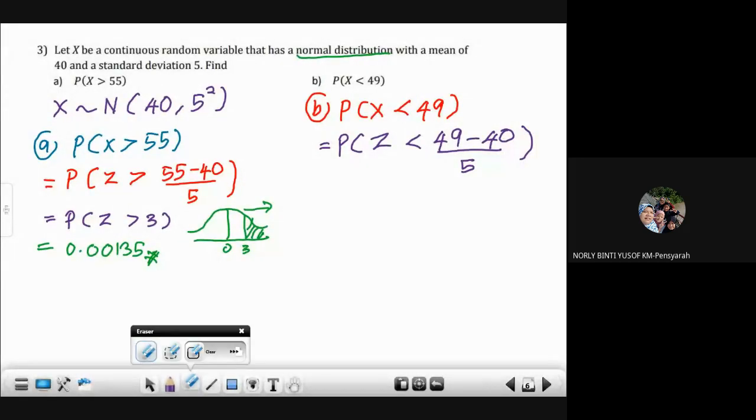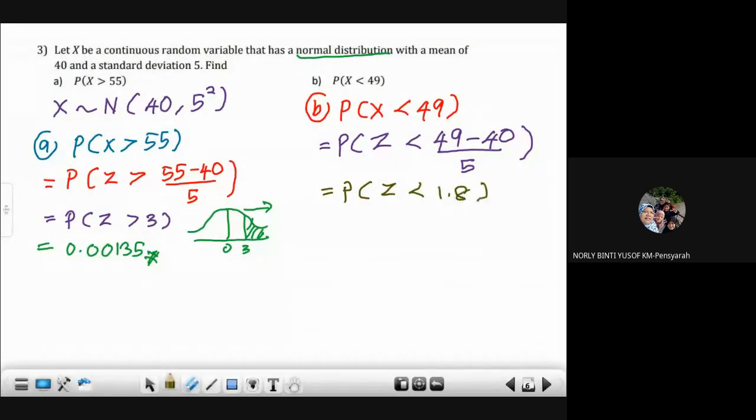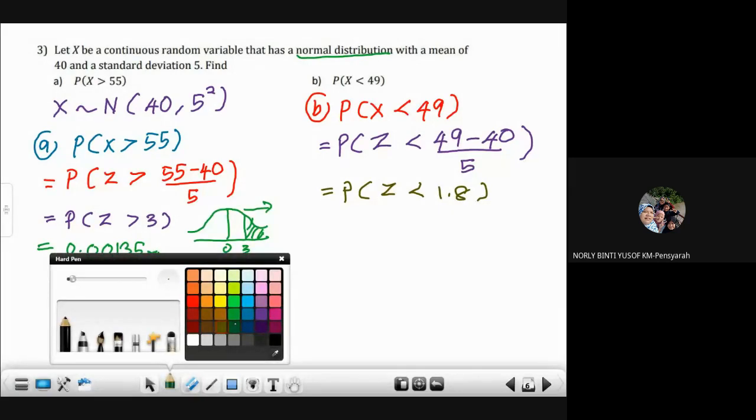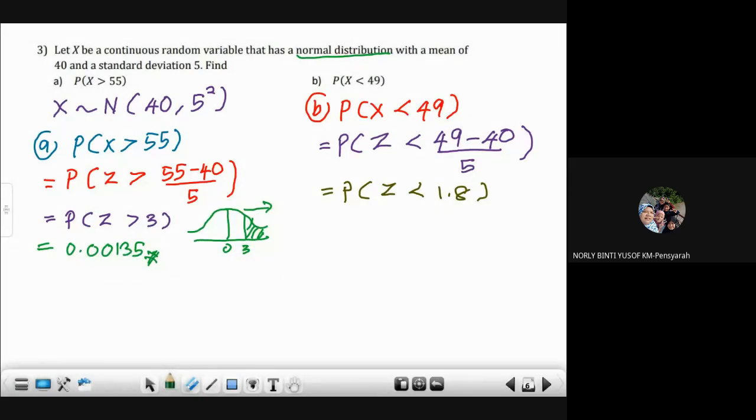So bila you kira, simplify your Z, you akan dapat 1.8. You tak boleh terus baca table 1.8 tau, sebab simbol dia lesser kan. Sebab nak baca table normal mesti greater or greater than equivalent. Kalau binomial dan Poisson, simbol dia lebih besar sama dengan.